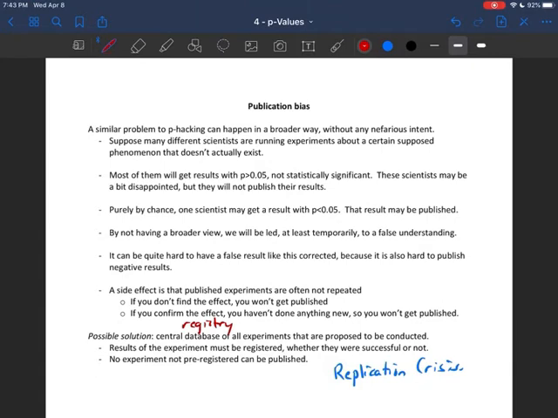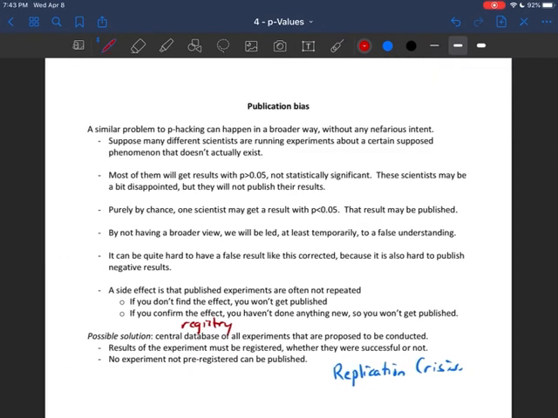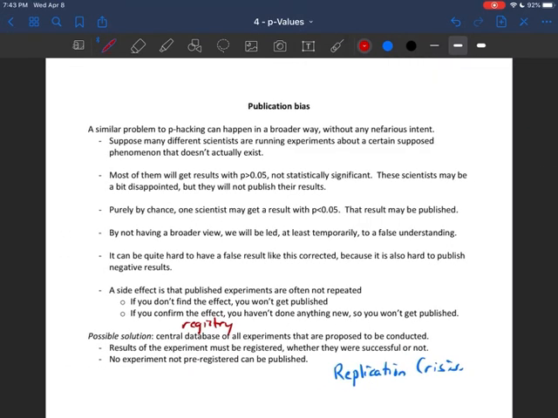And in fact, this idea of a central registry of experiments has already been put into effect in some fields. So in medicine, it's now starting to be used, although it's not very strictly regulated. So there are plenty of people who are not abiding by those kinds of regulations. And so it's a work in progress whether we can get past this issue with p-values.